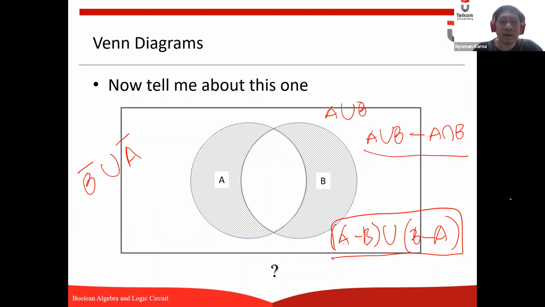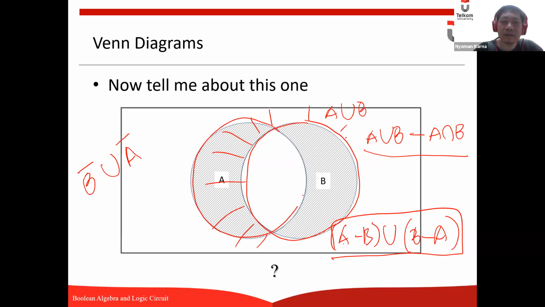Now, B complement is outside this one. And then A complement is outside this one.